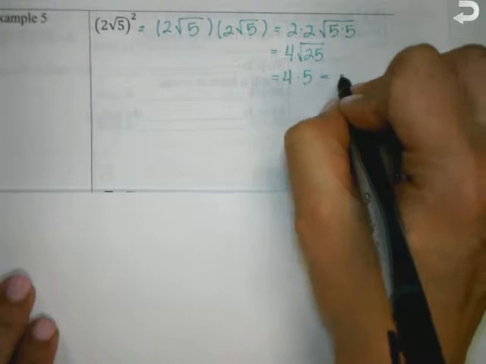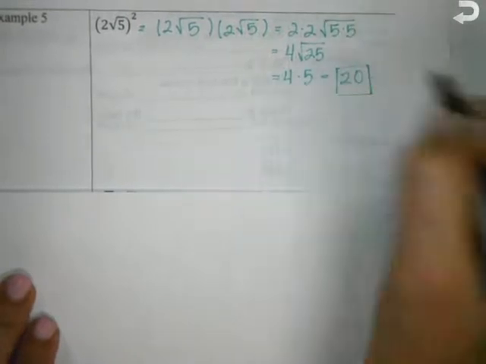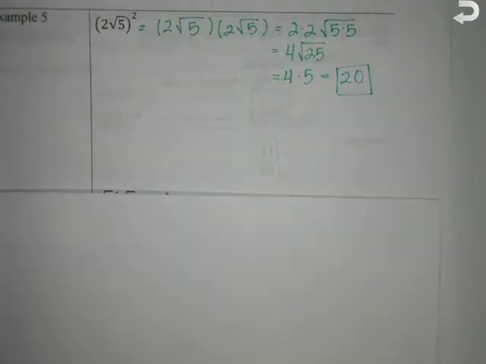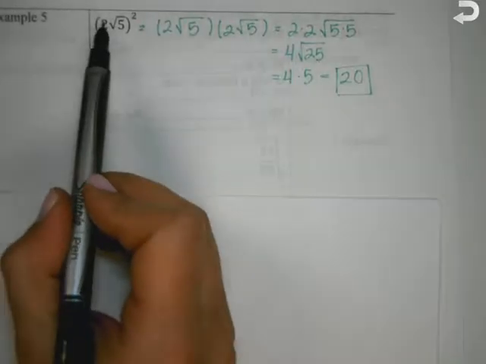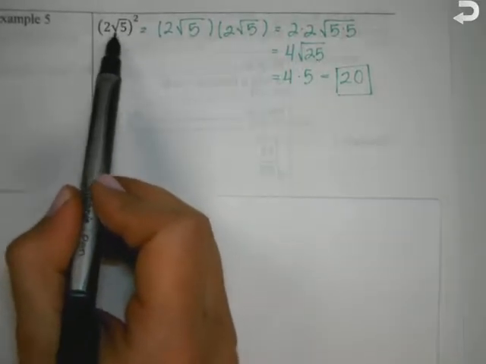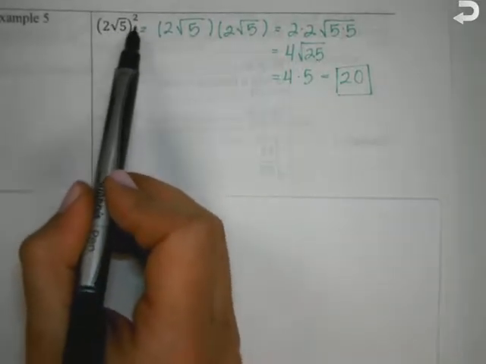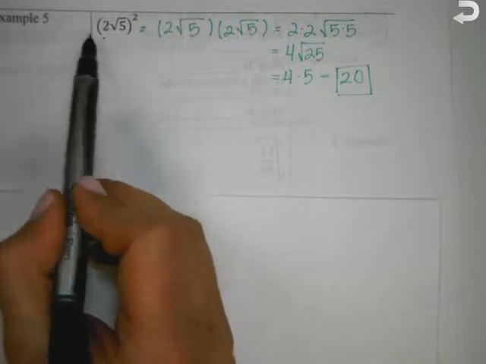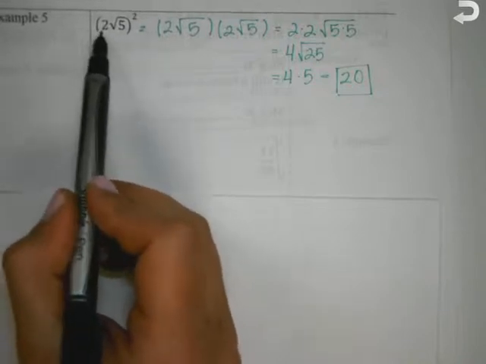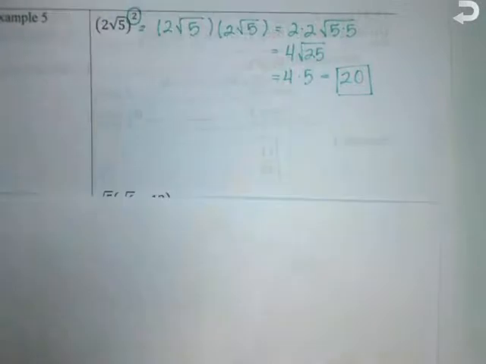Okay, here's a shortcut. If we have something inside raised to a power and everything inside is multiplication, that's the most important thing. It must all be multiplication. We can take this exponent and distribute it to everything inside.